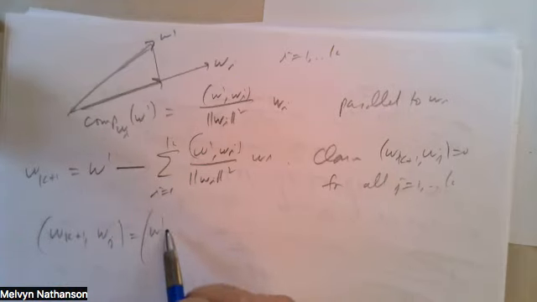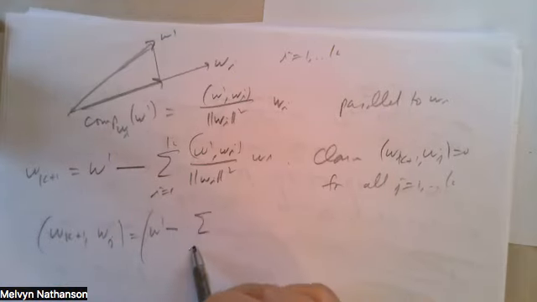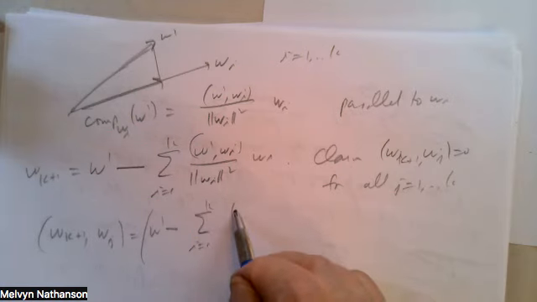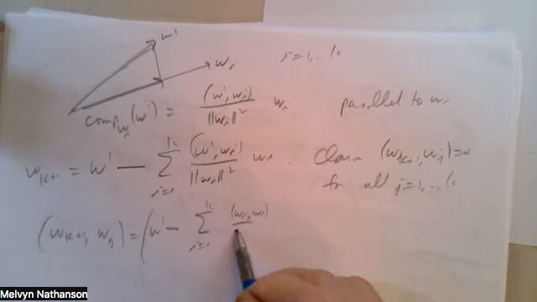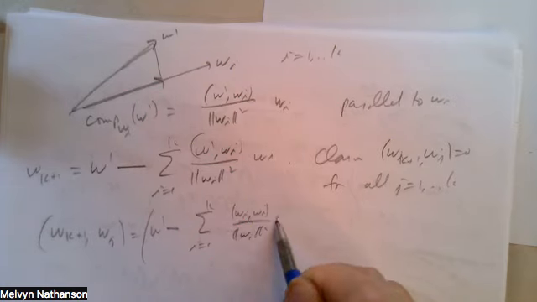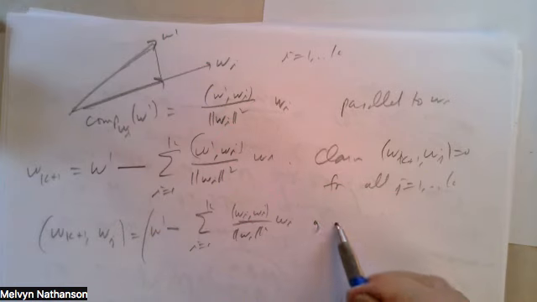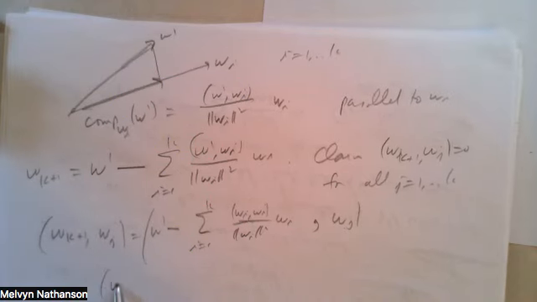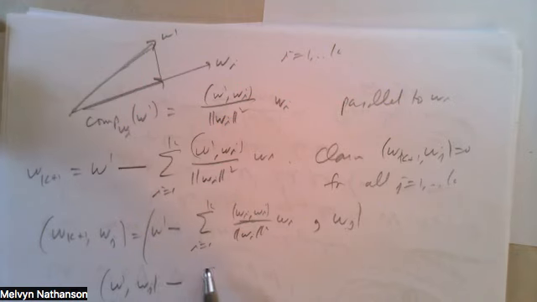WK plus 1 is W prime minus the summation, I goes from 1 up to K, of the inner product of W prime with WI over the length of WI squared times WI, and this is paired with WJ. Using linearity, this is the inner product of W prime and WJ minus the sum, I goes from 1 to K, of the inner product of W prime and WI over the length of WI squared, times the inner product of WI and WJ.